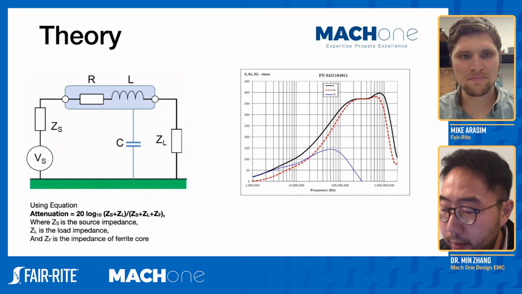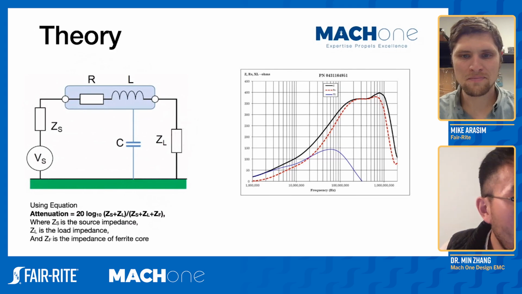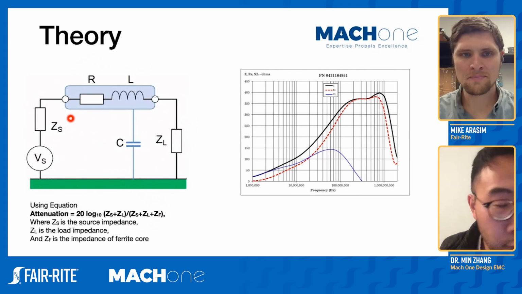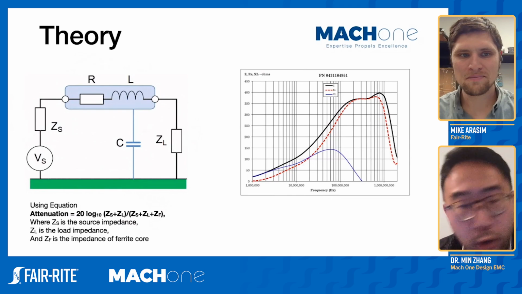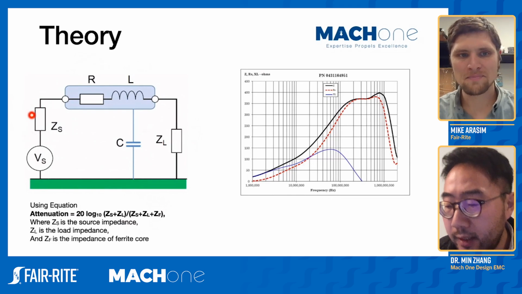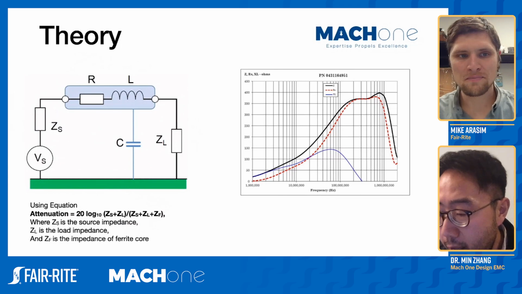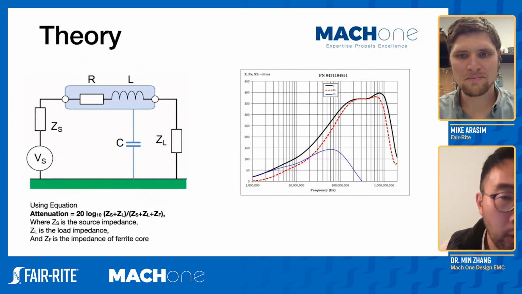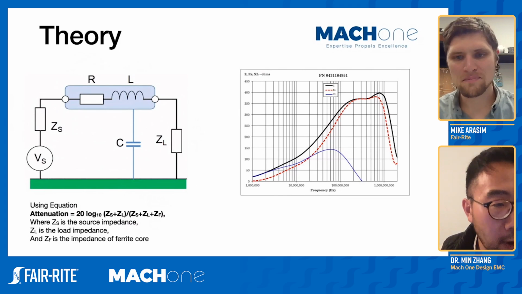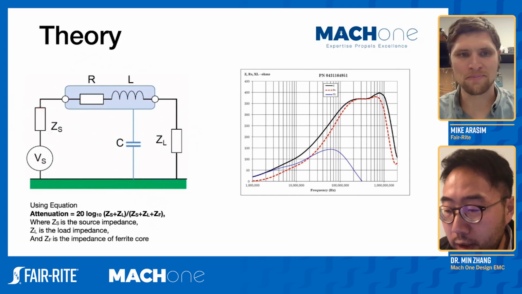Now, the most challenging thing is often we have no idea in real life what the source impedance and the load impedance are. And these, although drawn as resistive parts, in reality also change because there will be inductive or capacitive components associated with the source and load. So, these also change with frequency.